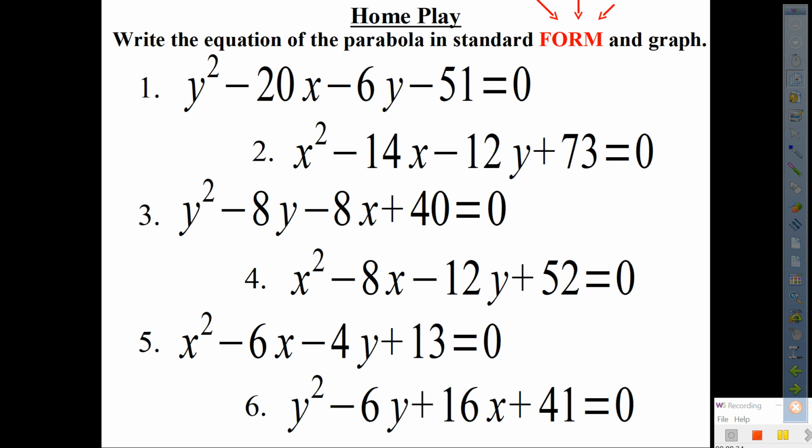Okay, we good? All right, and the weekend home play was just for you to practice. I'm not going to pick that up. You're like, Mr. Q, I already copied it from someone. Well, hold on to it. All right, let's move on.